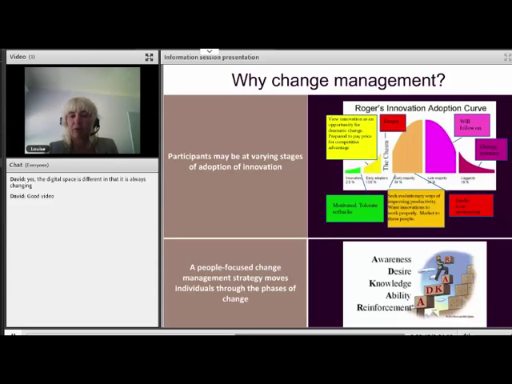So they're key points. If you step individuals through this process, you have more likelihood of getting these early and late majority people on board with your strategy. Especially the early majority, remember that I said you need to market to. This awareness and desire phase is critical at the commencement of your strategy.